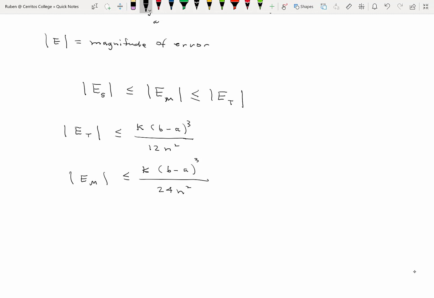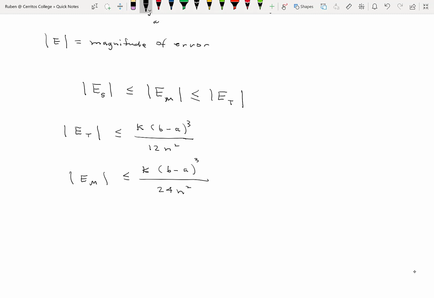So how do we get the exact value of the limit? Remember, we let n approach infinity. Well, look what happens on the right-hand side if we let n approach infinity. As n approaches infinity, those fractions approach 0, and so our maximum error also approaches 0. So it makes sense that we're going to have n in the denominator of these error estimates.